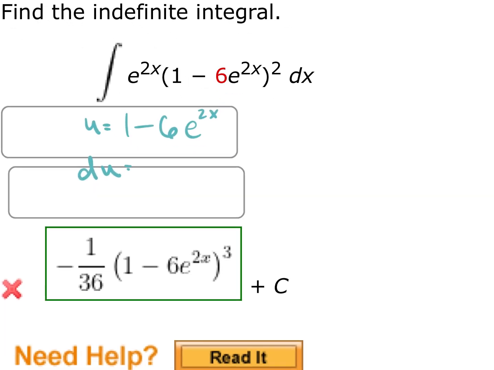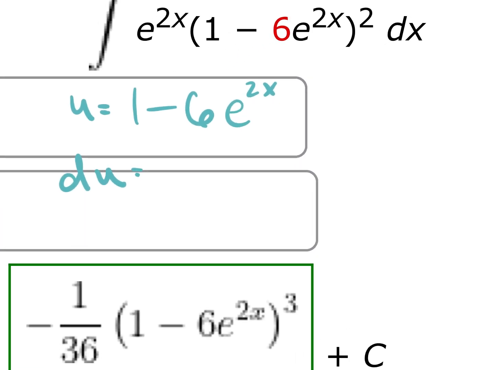So we said for 14, since we have multiple e to the power of x's going on, let's call whatever's in our parentheses our u. So we have u is 1 minus 6e to the power of 2x. What is the derivative of 1 minus 6e to the power of 2x?